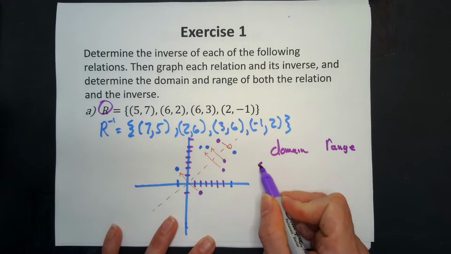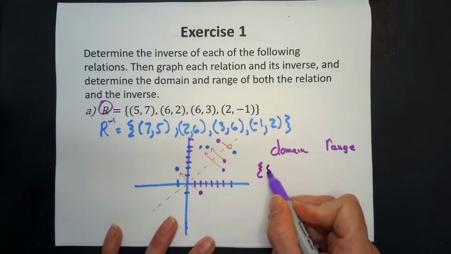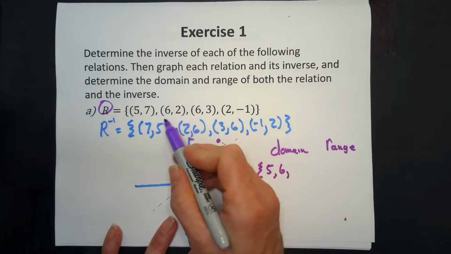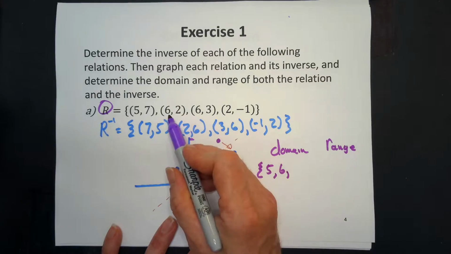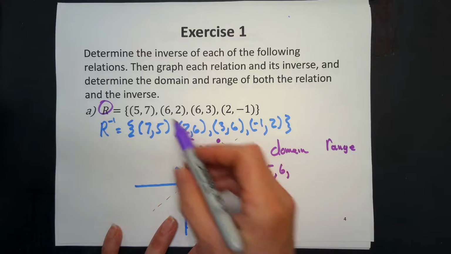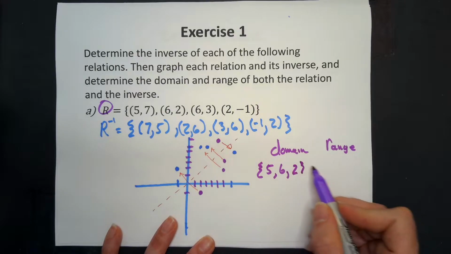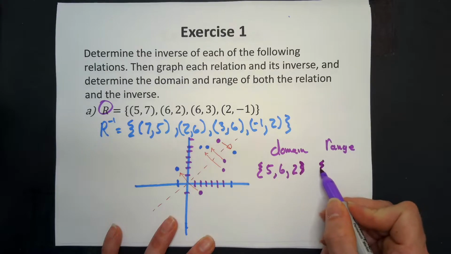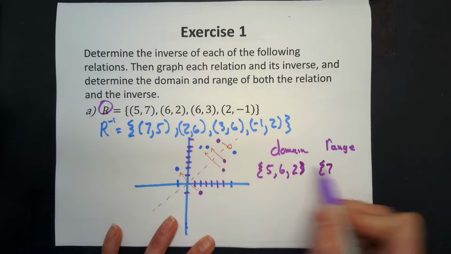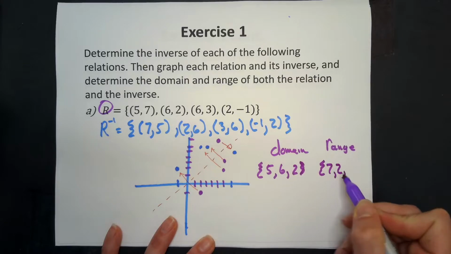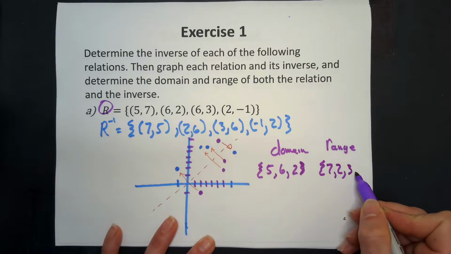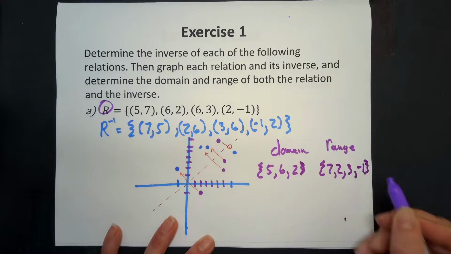The domain in the first one is 5, 6, and we only have to write it down once because it's a unique element that occurs in the domain, so we don't need to write 6 down twice. And 2, and so that's our domain, and our range was 7, 2, 3, and -1.